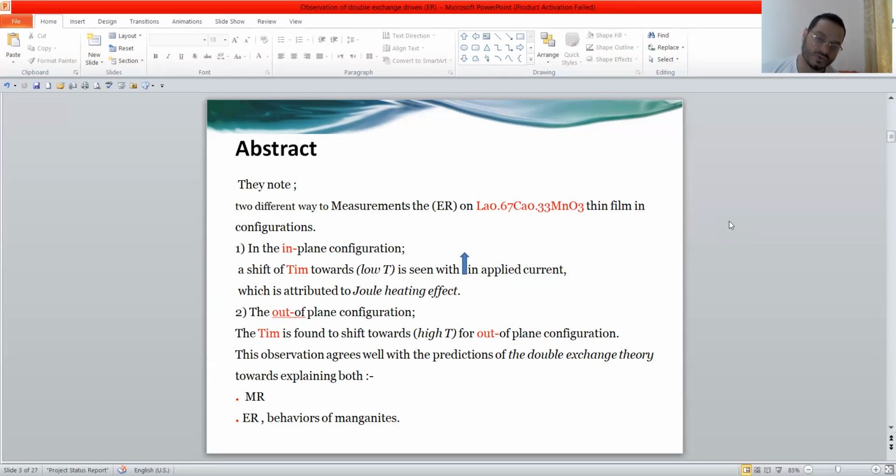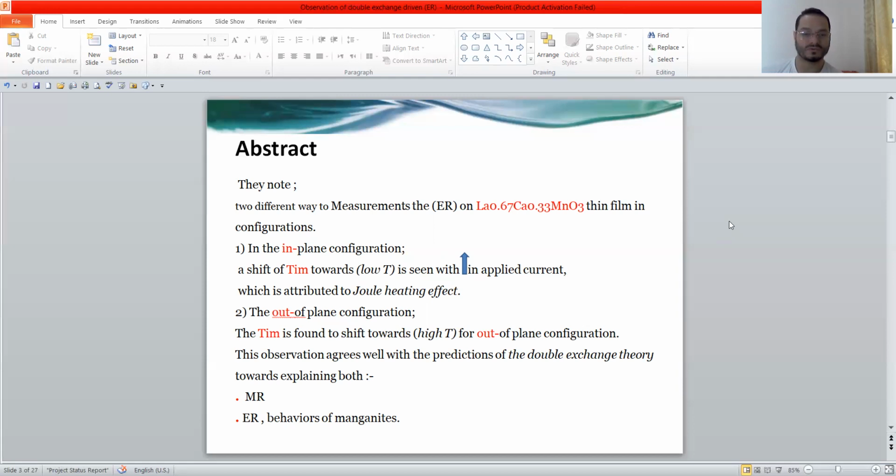In out-of-plane configuration, we were dealing with the double exchange theory toward explaining both the magnetic resistance and electric resistance behaviors of manganite by using the double exchange theory. Why? Because we're dealing with out-of-plane configuration.